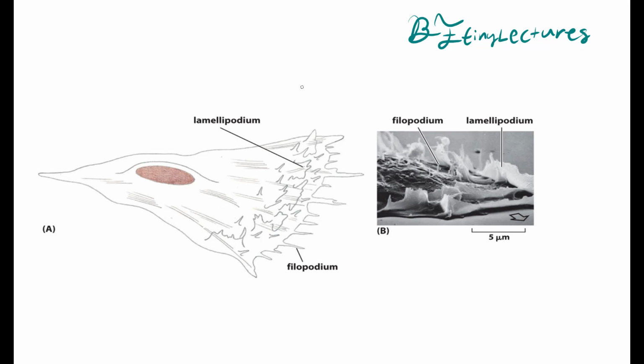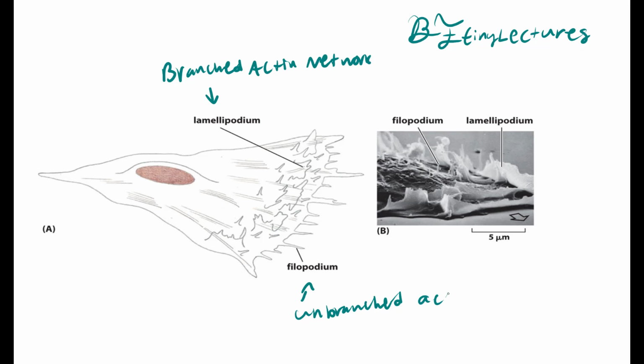In the first step that you saw for cell movement, the actin was polymerizing at the leading edge. Now this actin polymerization involves 2 structures within the cell, and that is the lamellipodium and the filopodium. The difference is that the lamellipodium is the branched actin network, and the filopodium is the unbranched actin network.